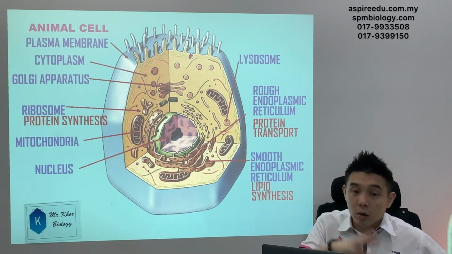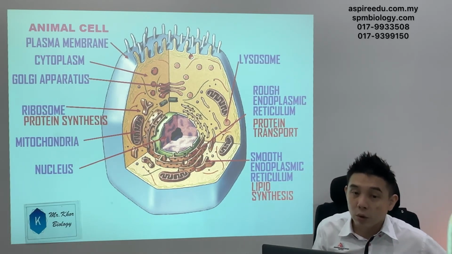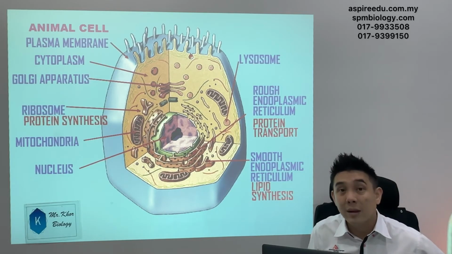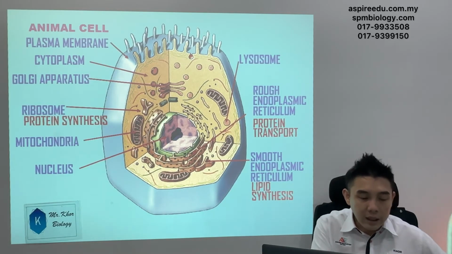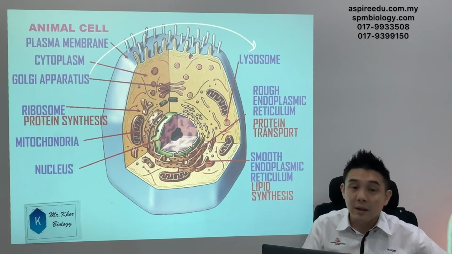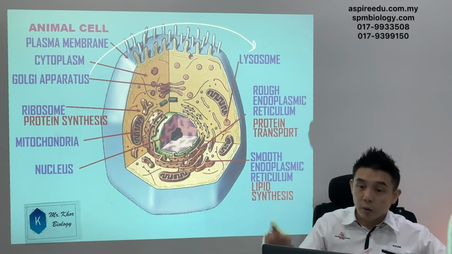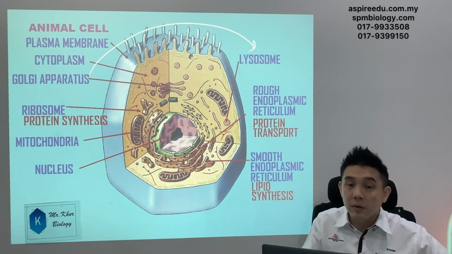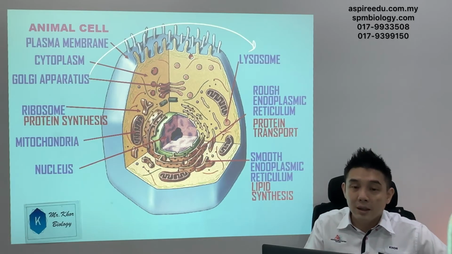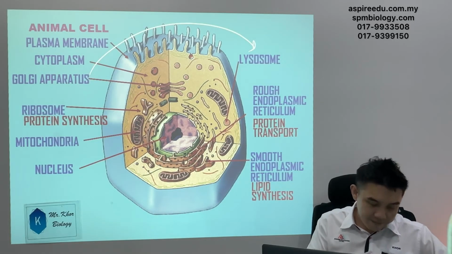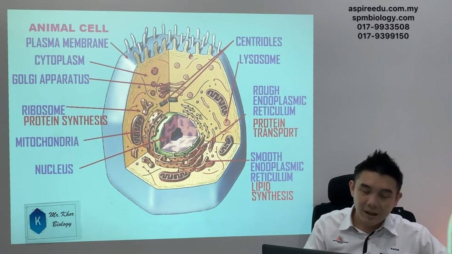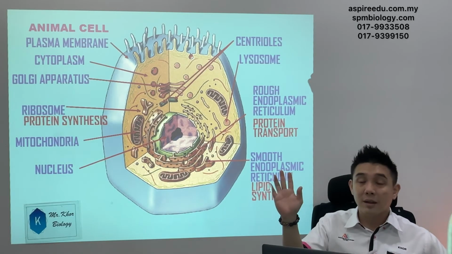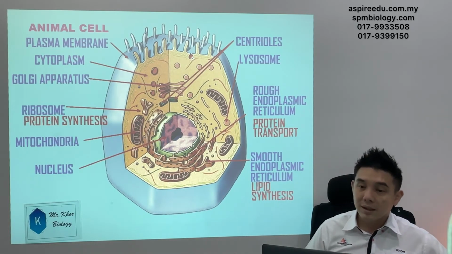Sir, why do Golgi and the lysosome look the same color? Because, guys, Golgi is the one that produces the lysosome. Golgi produces the lysosome. Okay. Keyword for centrals, guys.